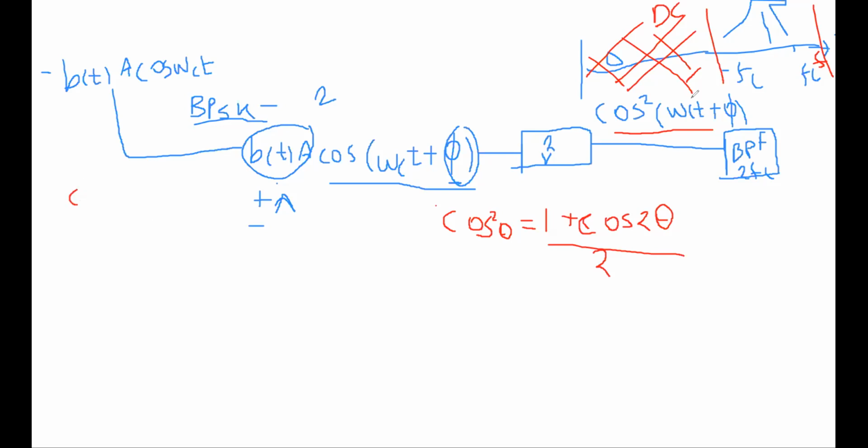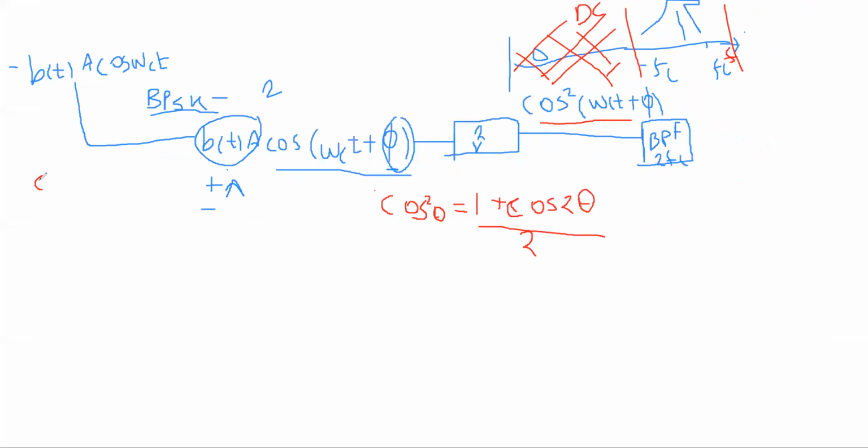cos square of omega ct plus phi can be written as 1 plus cos of 2 theta.